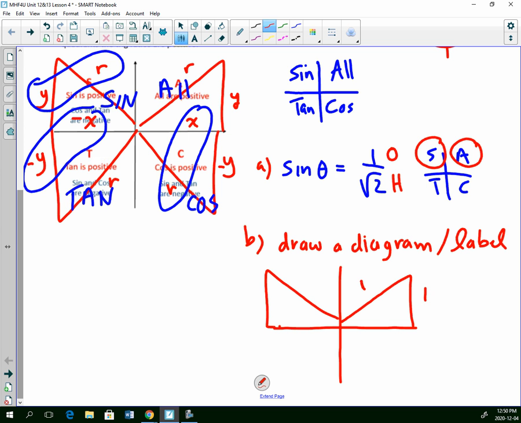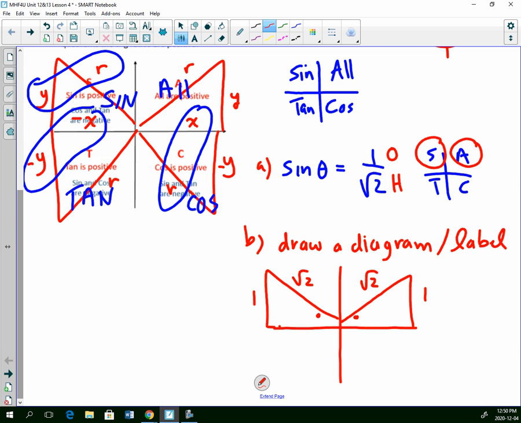So the opposite is 1, the hypotenuse is root 2. Okay, so we're going to draw a triangle in both of those quadrants. So we're going to label the 2 sides that we've been given, keeping in mind that this is the angle we want to find right here. Okay, the angle between the terminal arm and the x-axis, which is the related angle.